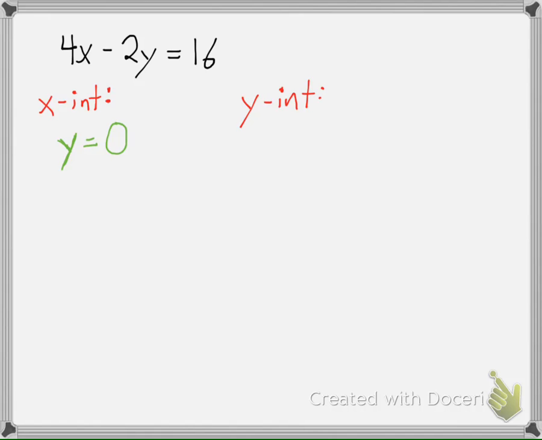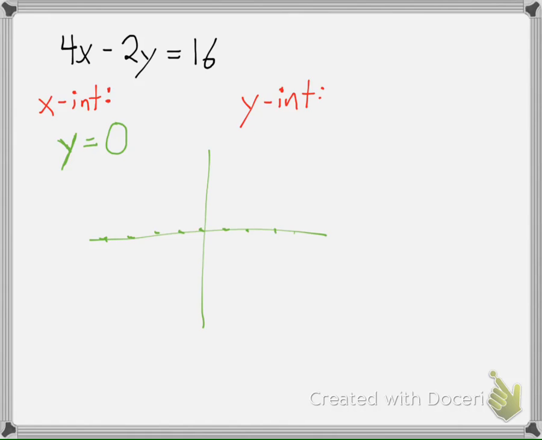So in order for it to be the x-intercept, it has to be on the x-axis. And if you look at points that are on the x-axis, the one thing they all have in common is that they are up or down none, right? So the y value for every single one of these points would be 0.